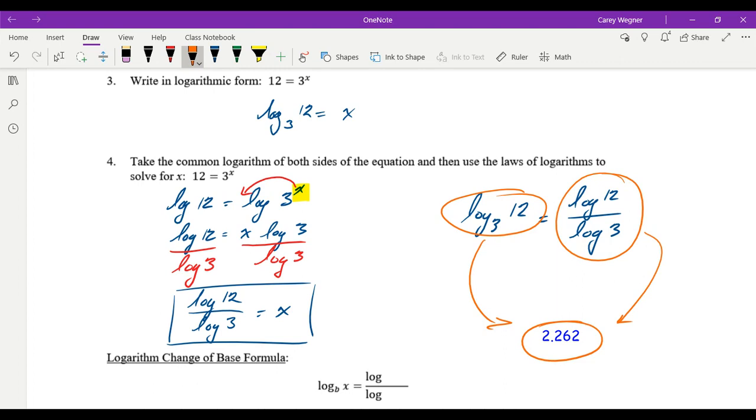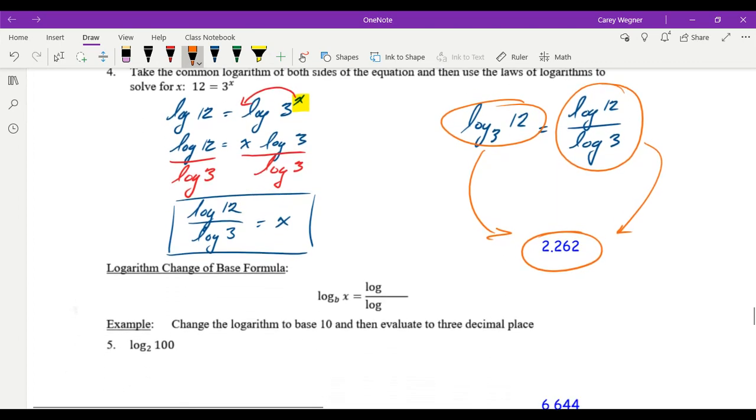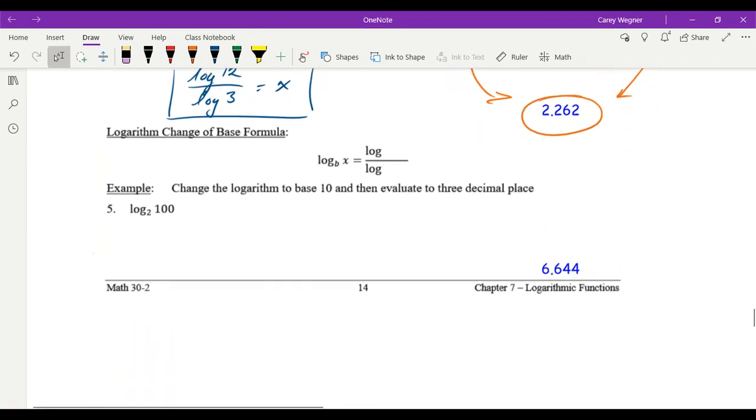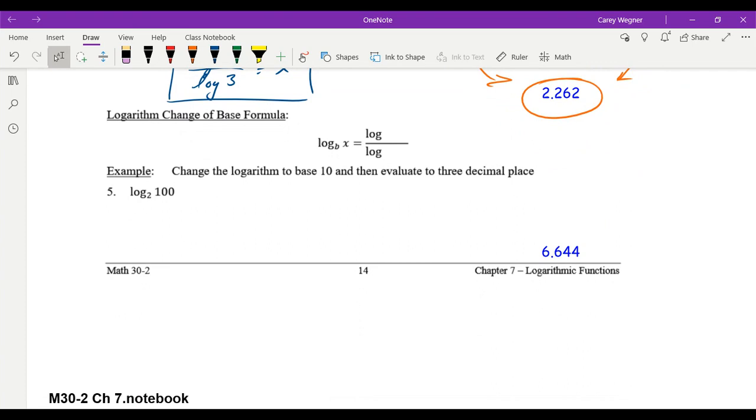Now, let's formalize this change of base formula. So here we have it. Log base b of x will equal the log of x divided by the log of b. So you'll notice that the base for a logarithm becomes the argument of the logarithm in the denominator.